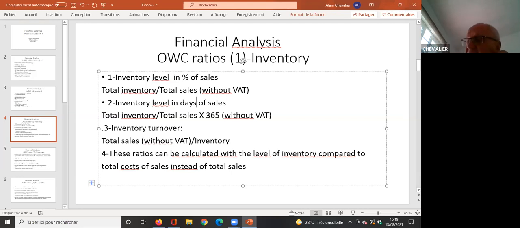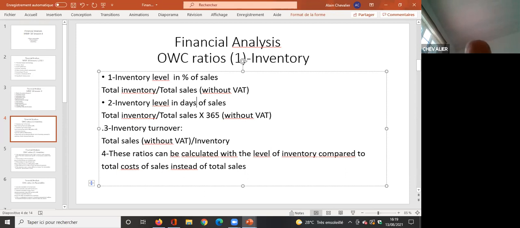It means, in fact, if you consider that the units in inventory are sold and you buy again from your providers for material and you produce again, you replace 5 times in a year the total level of inventory. And of course, when it accelerates, it's much better because the cost of inventory decreases.